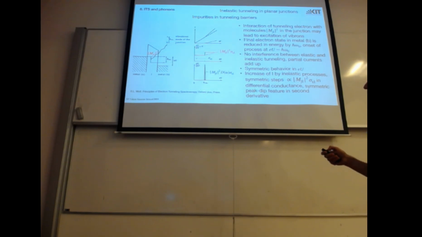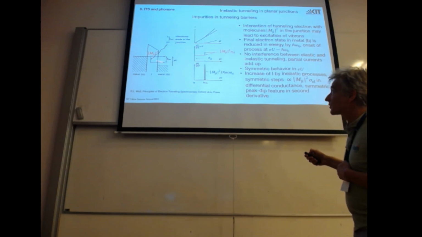But what can happen is that the tunneling electron here can interact with this local defect and give parts of its energy. And the excitation is in form of a vibron, or a phonon. The vibron is a localized phonon. It's a molecular vibration. And there's some kind of matrix element to it.